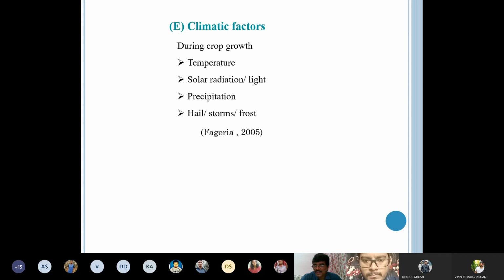It is affected by these factors, and also the availability and the losses of nutrients are affected by these factors. If these factors favor growth, your nutrient use efficiency will be more. If these factors favor fewer losses of nutrients from the soil, then definitely nutrient use efficiency will be there. So very easy to understand.